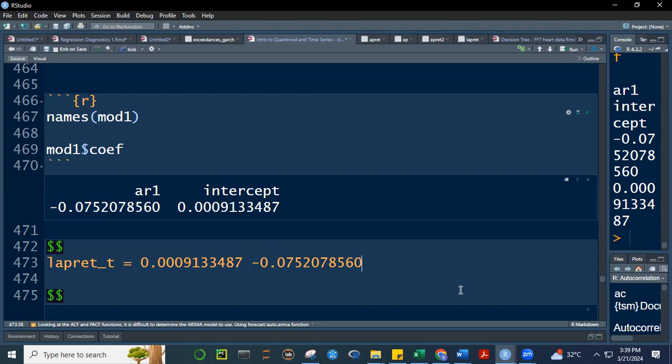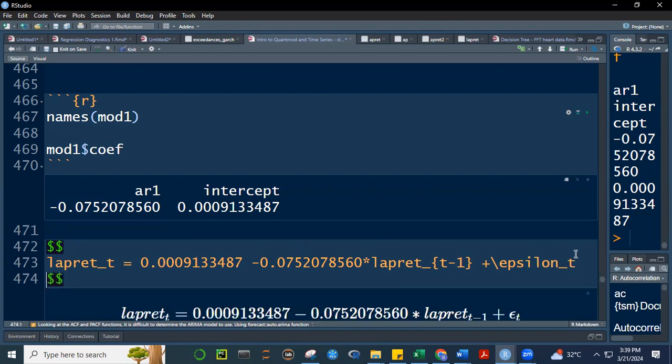So we multiply this by... Control C, Control V. However, this is order 1, so t minus 1, this is the past value, log 1. And then plus epsilon, our error term, epsilon sub t.